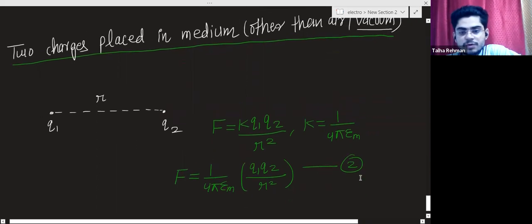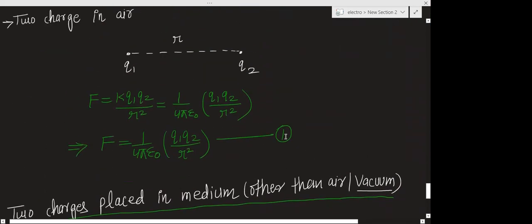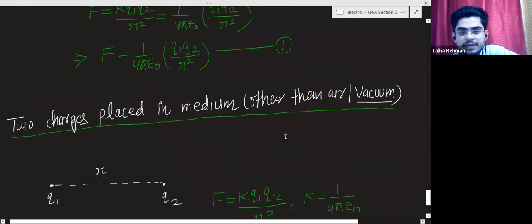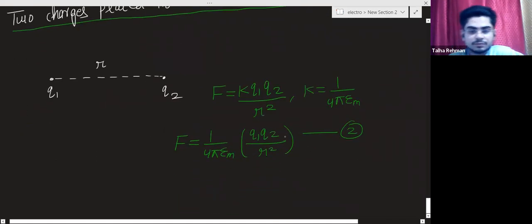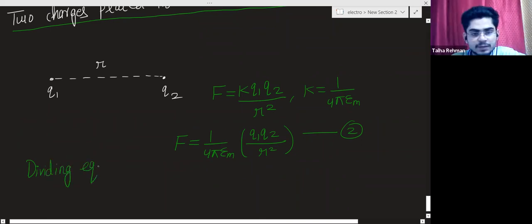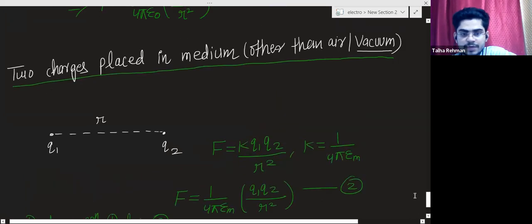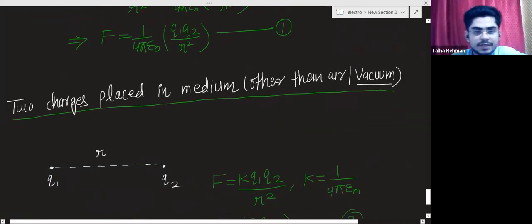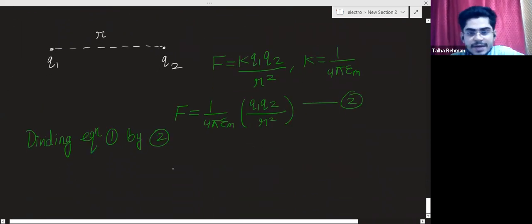Now if I am dividing equation 1 by equation 2, what will happen? I take F naught as the force in air and Fm as the force in medium.